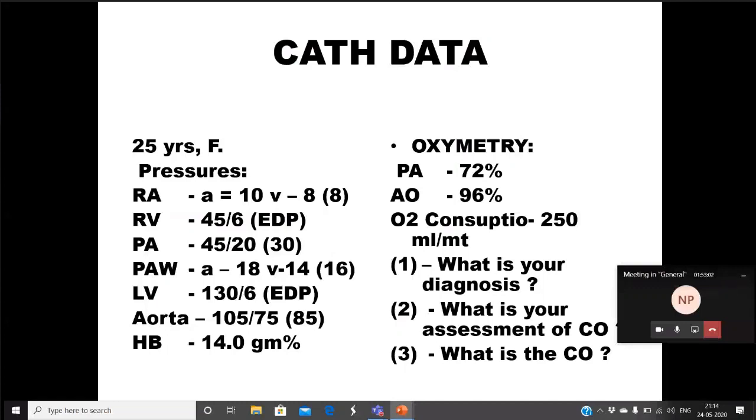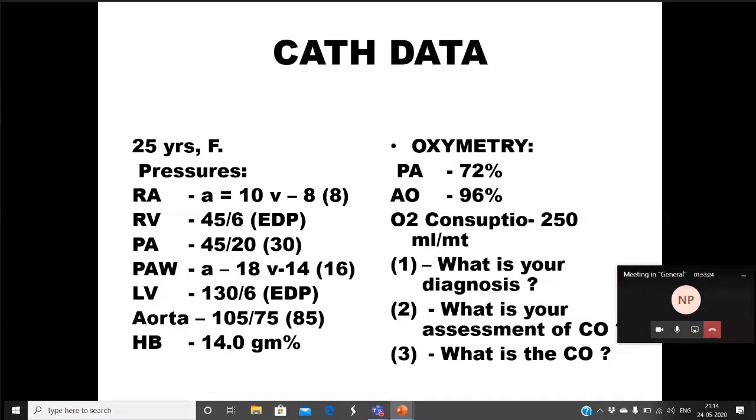So if the pulmonary artery oxygen saturation is around 75, you can be sure that the patient has a normal cardiac output. Here the aorta to pulmonary artery oxygen saturation difference is 24, so it can be passed off as normal cardiac output.